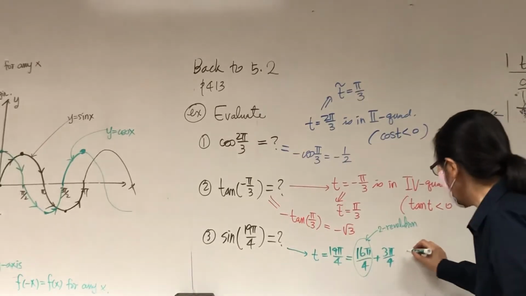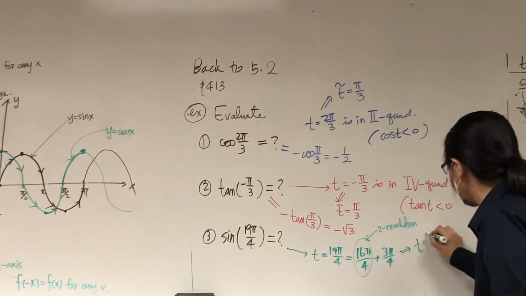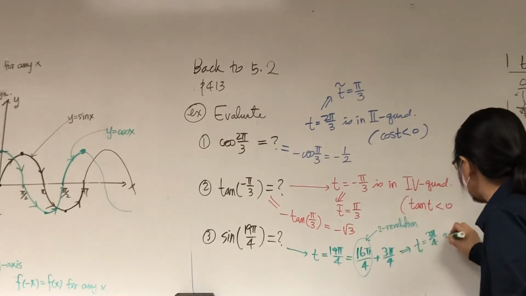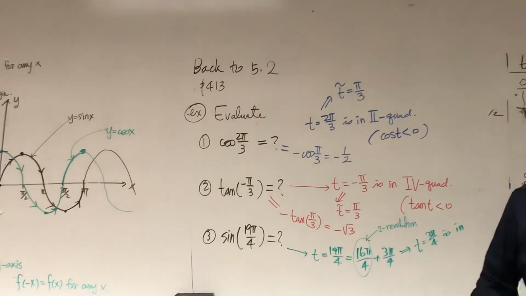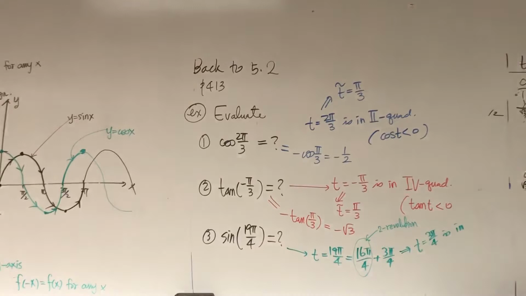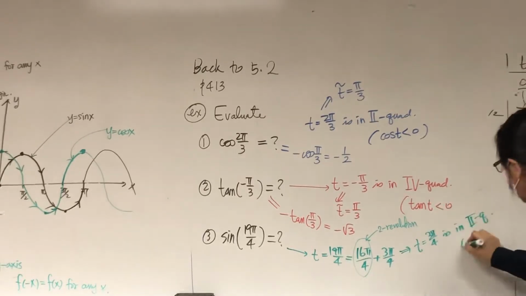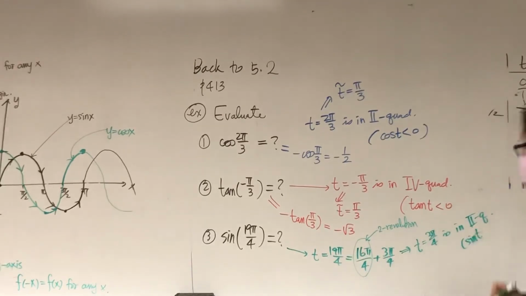So now your t is 3 pi over 4. Which quadrant? That's the second quadrant. And in the second quadrant, sine is positive.